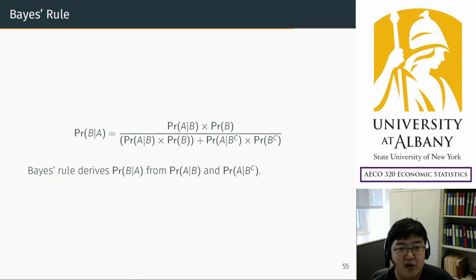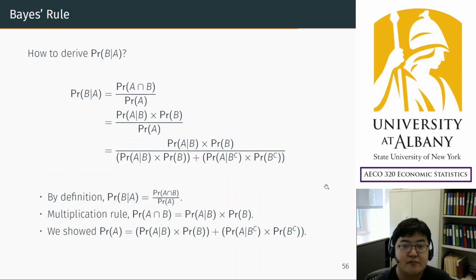If you are familiar with the formula, that's also fine. But the tree diagram method has its own advantage. It shows you what we are actually doing behind this formula. So we may connect this Bayes rule to the multiplication rule again, because the conditional probability was defined this way.